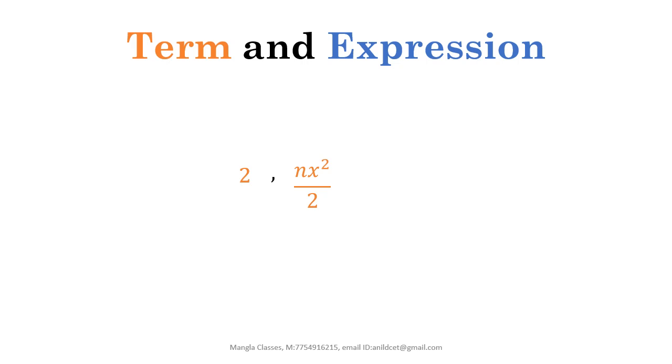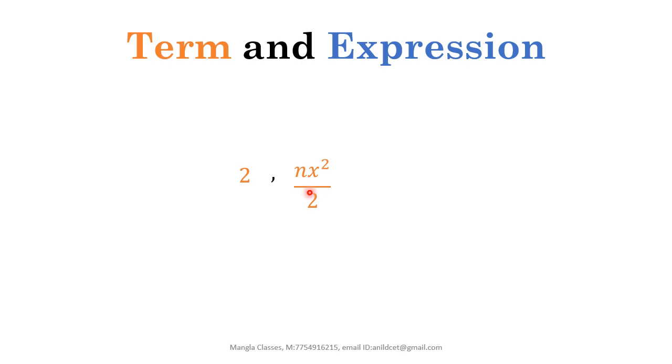Now before proceeding, I would like to make you familiar with some notations, some vocabulary which I will use a lot. Terms are being shown on this slide in a brown color. So this 2 is one term. It's a constant term. This nx square by 2 is another example of a term.